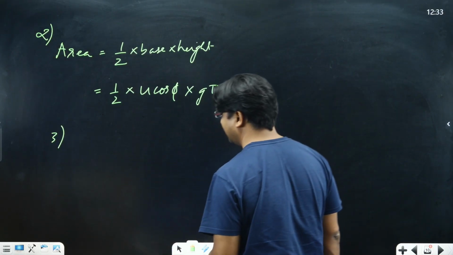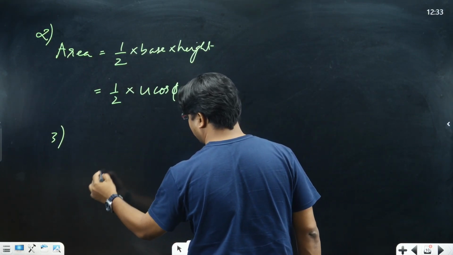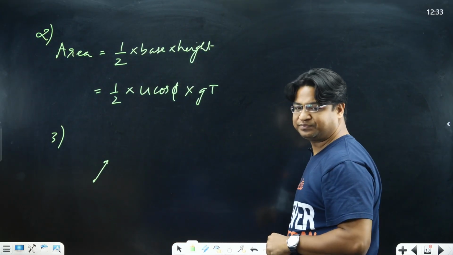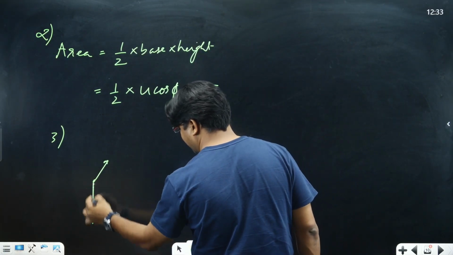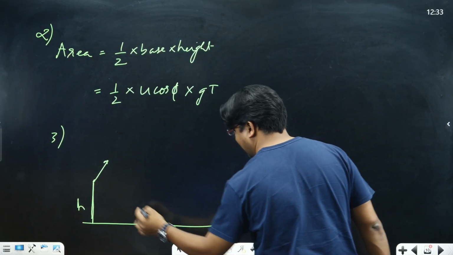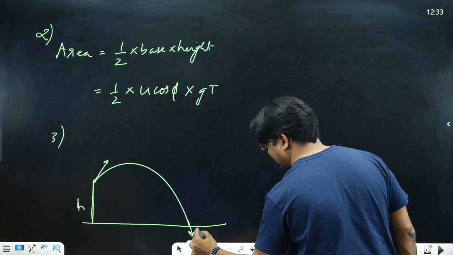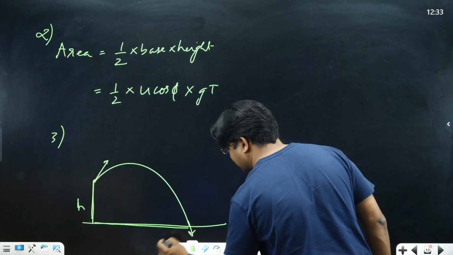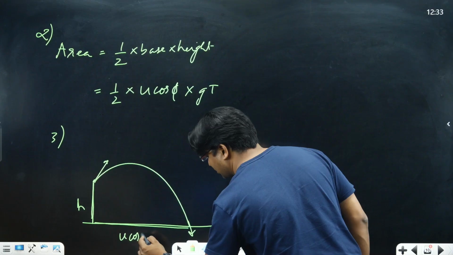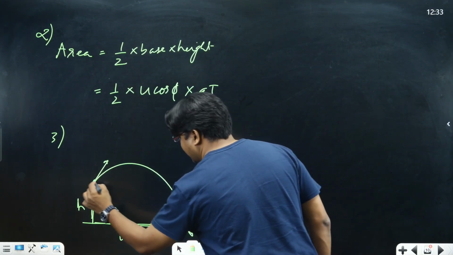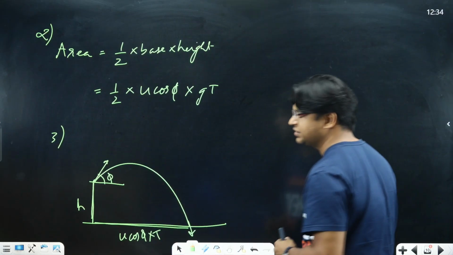Our third key idea: when you project a particle, let's say from a tower of height h, and it lands on the ground, this horizontal distance we write as u cos phi into T, right? The horizontal component of velocity always remains the same.